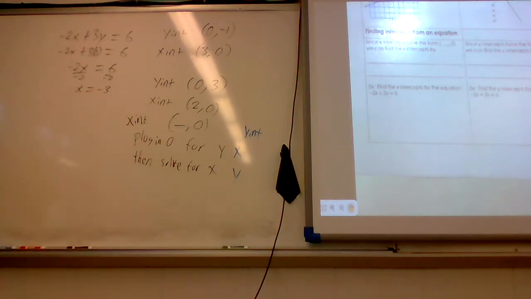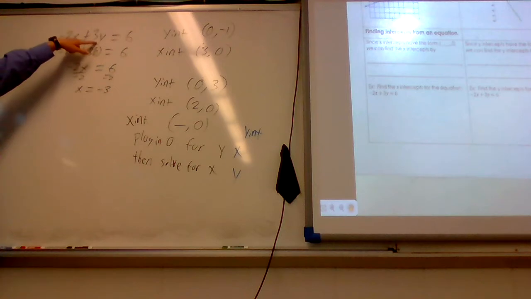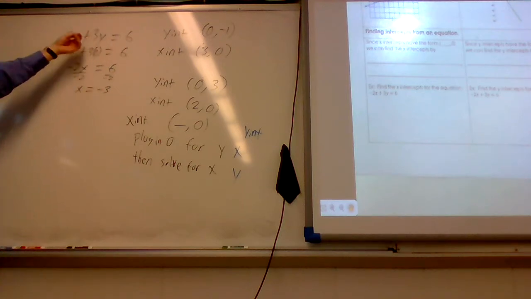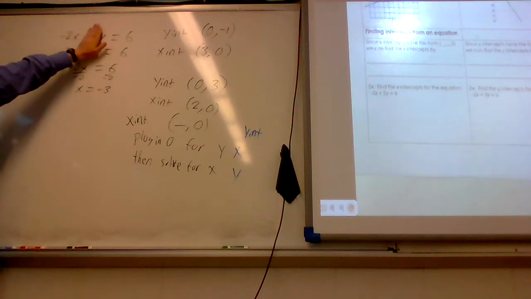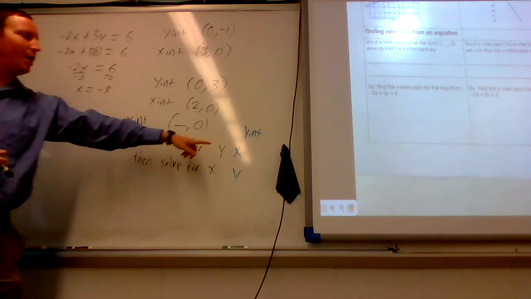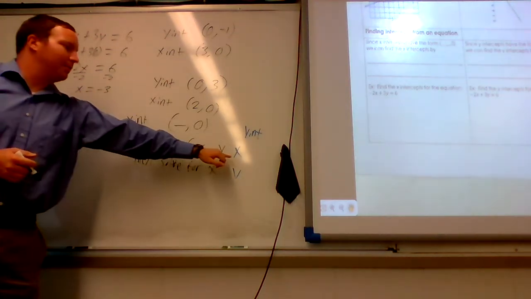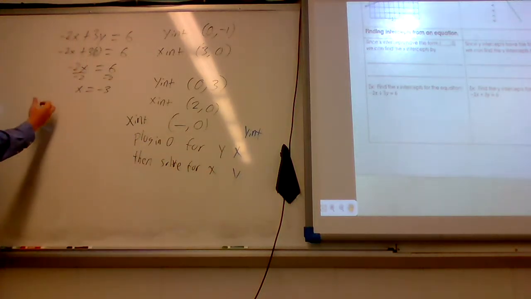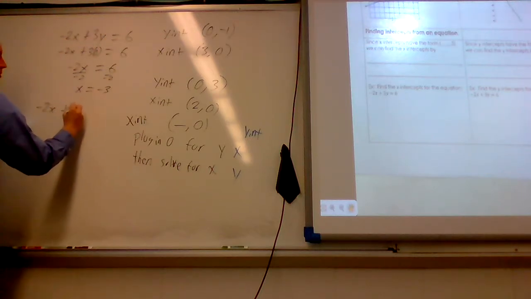Again, an easy way to think about it is if we're plugging in 0 for y, we can just cover up our y value and whatever it is being multiplied by. So if we did that from the beginning, -2x is equal to 6, divided by -2, we get -3. And then again, for the y-intercept, plug in 0 for our x value, then solve for our y value. Same idea.